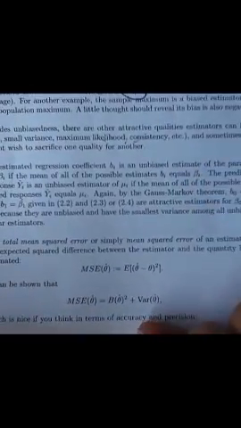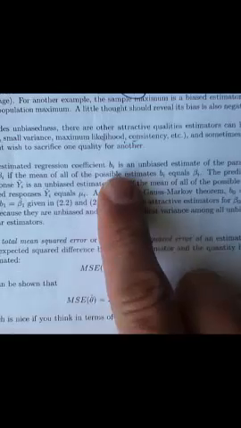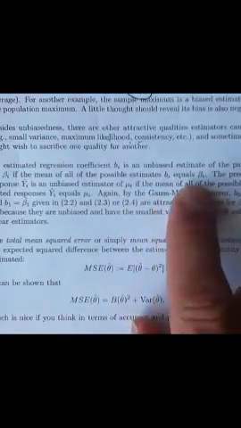So they're very intuitive. An estimated regression coefficient is an unbiased estimate of the parameter beta i if the mean of all the possible estimates of b_i equals beta i. What does that mean? You can think of taking a whole bunch of different samples and doing regression on all of those samples.